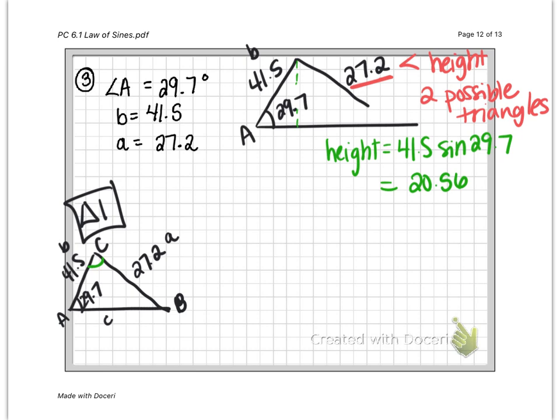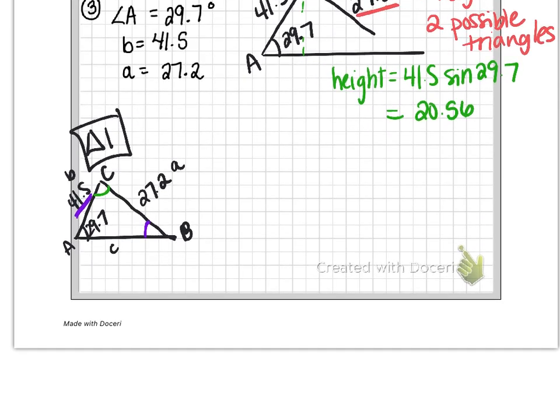let's go ahead and start with, let's find angle B. Since we have a side across from it, we can use law of sines to find angle B. So we're going to say sine of A, 29.7, over side A is equal to sine of angle B over side B, which is 41.5.